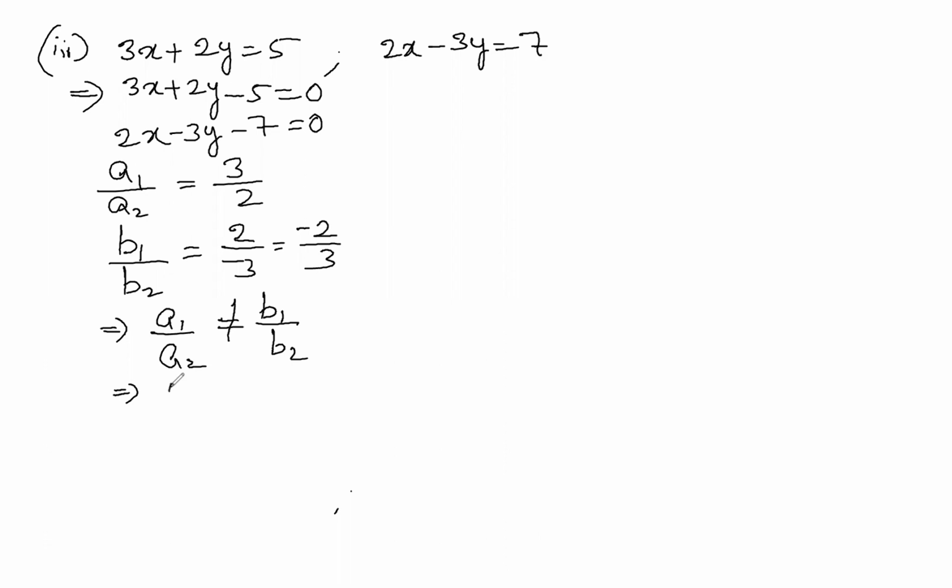One solution, unique solution. Yes, that's a unique solution. Consistent or inconsistent? That's consistent. Very good, it is consistent. Okay, Sufyan, check the table: a1 by a2 is not equal to b1 by b2, it has got a unique solution and it is consistent.